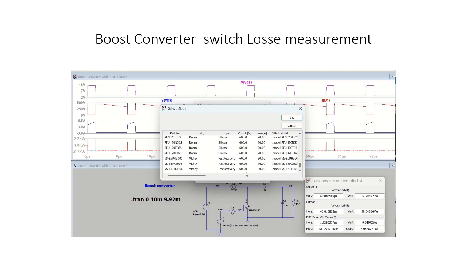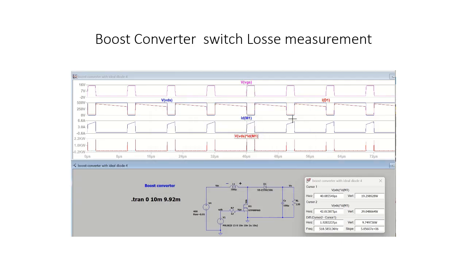I have taken fast recovery. I'm doing this with a 600 volts, 15 amps diode, and I'll run this simulation again.